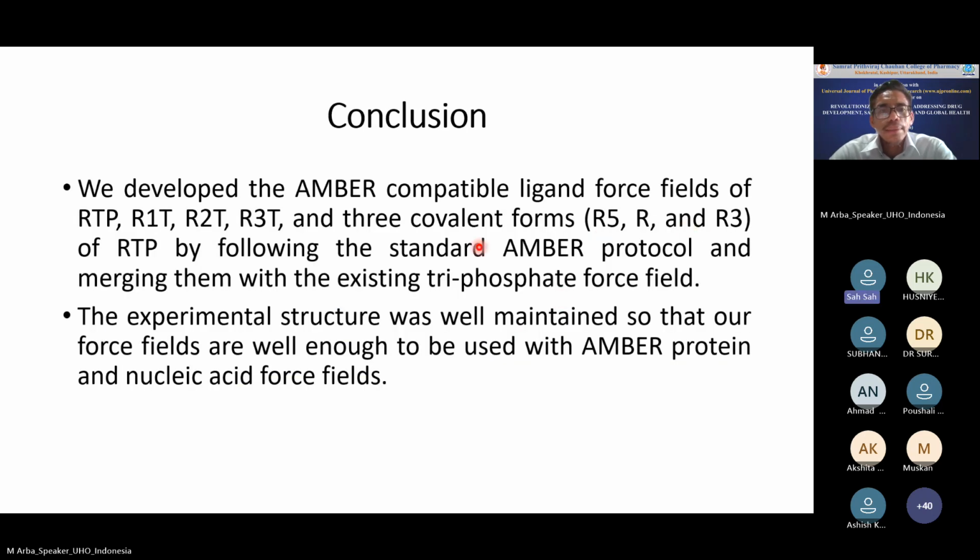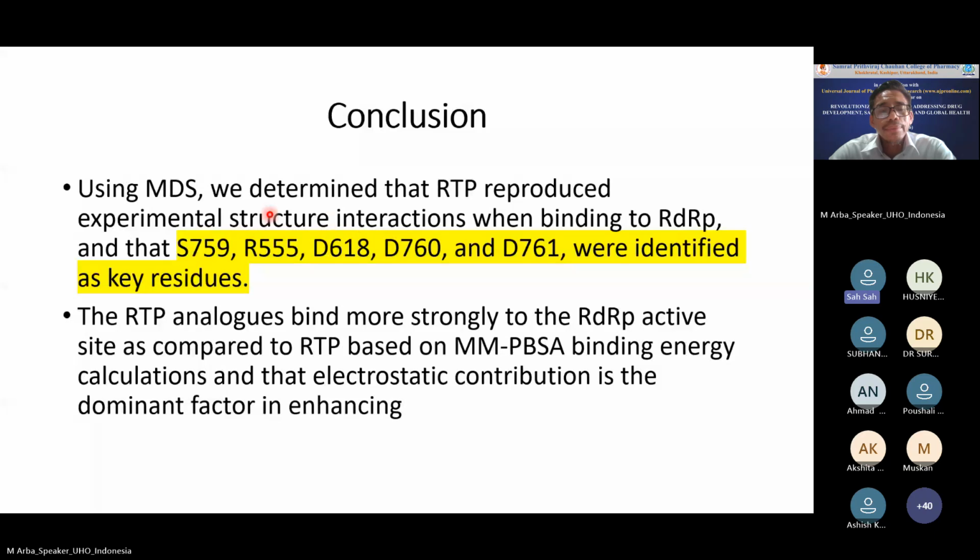So here, by using a molecular dynamics simulation, we determined that remdesivir reproduces the experimental structure interaction when binding to RdRp, and then we see the role of key residues such as serine 759, aspartate 790, and 791 is a key residue.